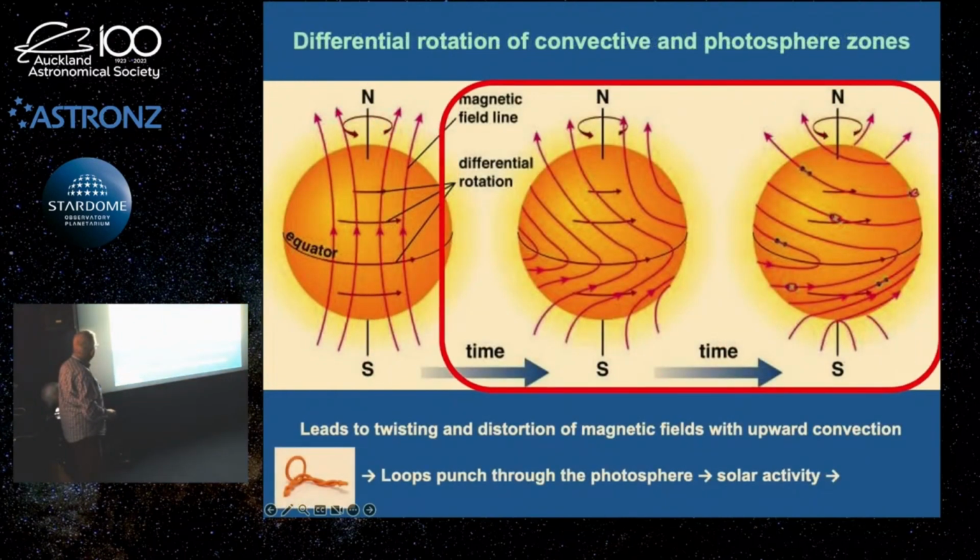Now, here's the thing. Add in your differential rotation, and suddenly these nice vertical magnetic field lines start getting twisted and distorted at different rates. Look at the equator, they're getting stretched more because you've got faster velocity, but less up here. And as the sun rotates around, with every rotation, these magnetic field lines get more and more twisted and distorted.